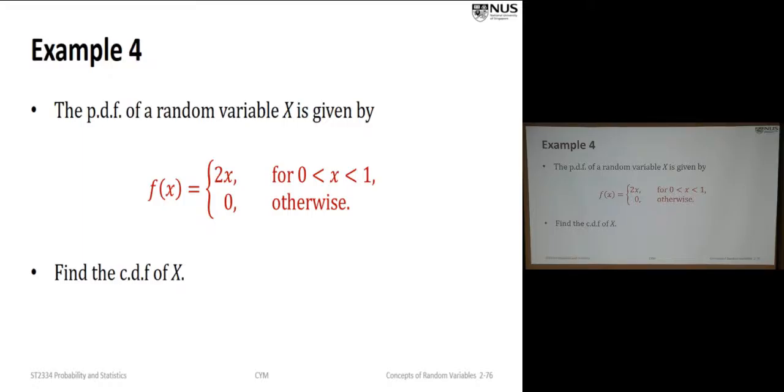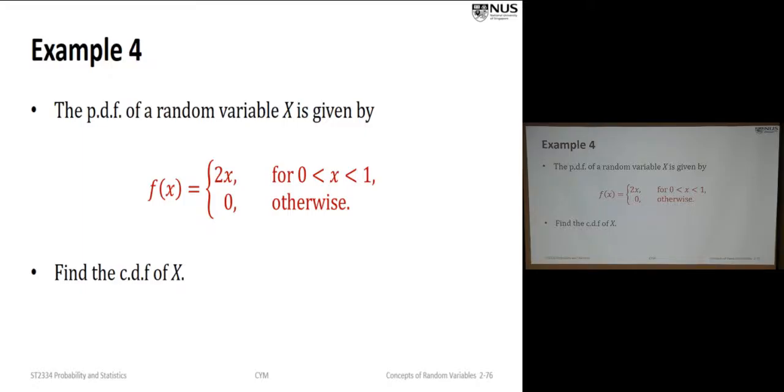So long as it is between 0 and 1, it's equal to 2x. When x equals 0.5, f of x equals 1. When x equals 3/4, f of x equals 1.5. 1.5 is bigger than 1. How come it can be bigger than 1?